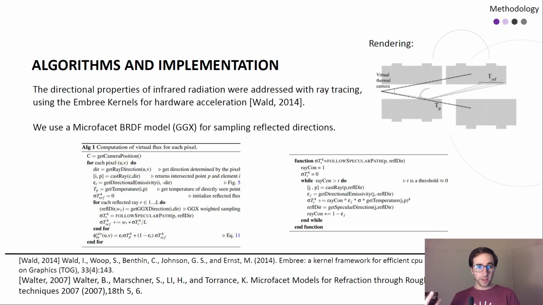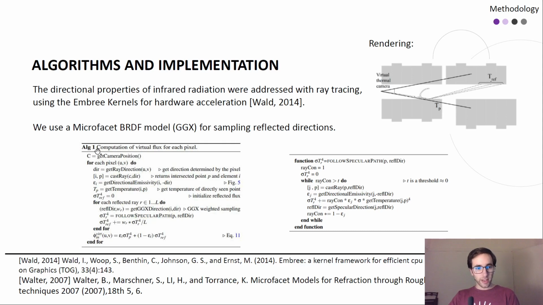So we implement several algorithms, but one of the most important, of course, is the rendering algorithm, which is based on ray tracing. Once we have the temperatures of the scene, we use ray tracing to render what is seen by the camera, or by the virtual thermal camera. And we use, of course, the direct source, but also the reflected source. For this reflected part, we use what is called a microfacet BRDF model, in which we use GGX, based on Walter's paper.